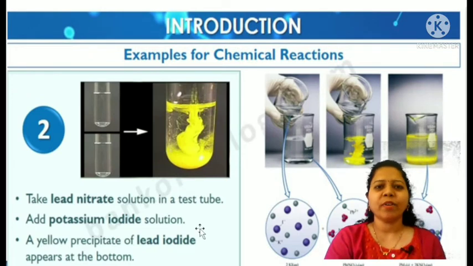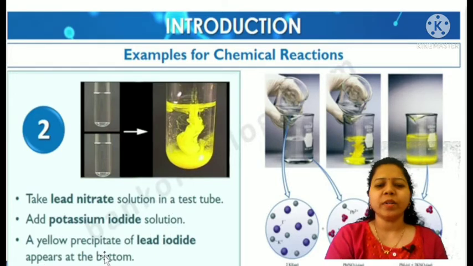The second example of a chemical reaction: take a lead nitrate solution in a test tube and add potassium iodide solution; a yellow precipitate of lead iodide appears at the bottom. Initially we take lead nitrate in a beaker and add some potassium iodide.